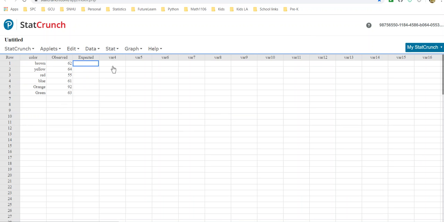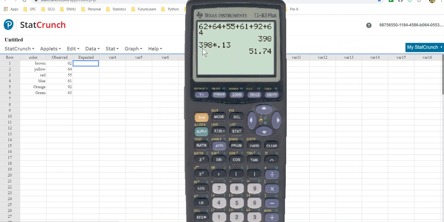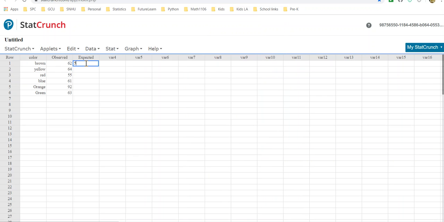The expected value would be 13% brown. So what you do is you come to your calculator, you add up all of these, which comes out to 398 for this particular example, and you multiply it by 13%. So my expected value is 51.74. And I do the same thing for the next one, yellow.